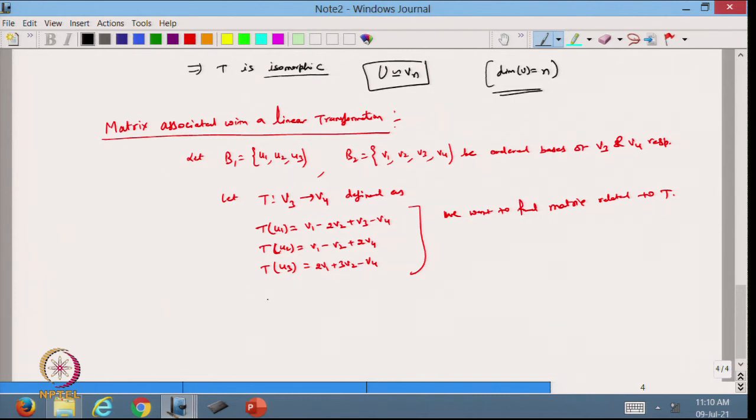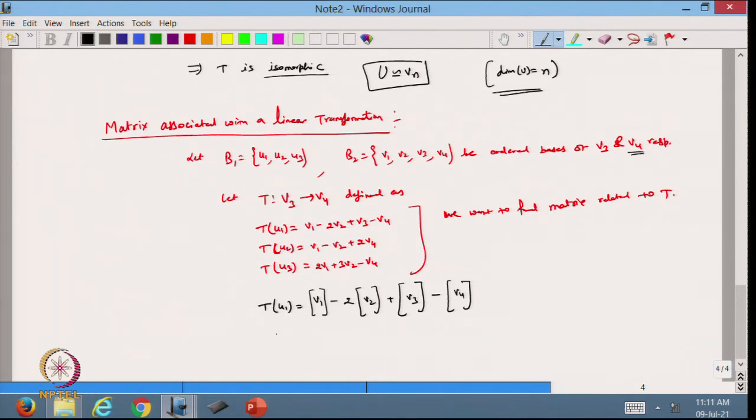Because these are the bases, I can write T of U1 as V1, where the basis vectors are column vectors: the column vector V1 minus 2 times the column vector V2 plus the column vector V3 minus the column vector V4. This is a linear combination we are taking.